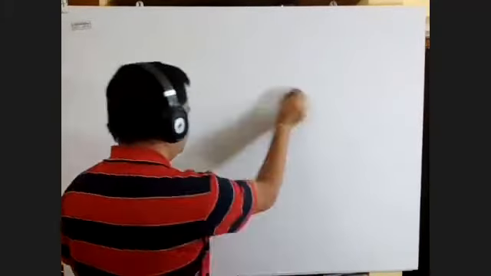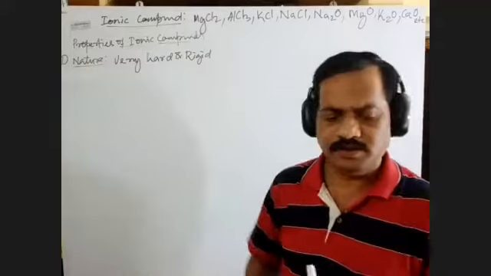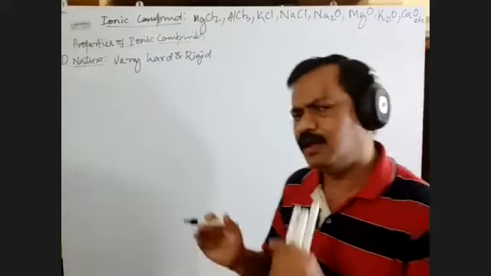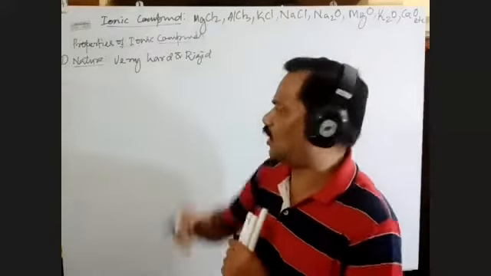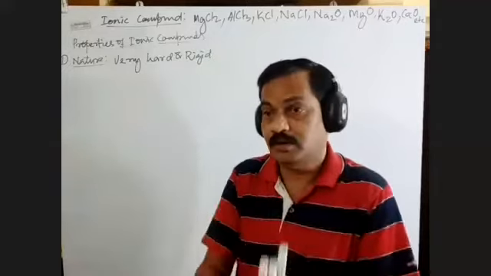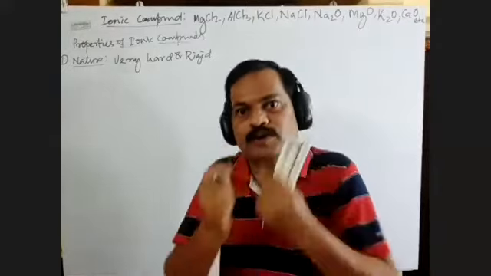Most of the ionic compounds are found in a solid state. Generally they are very hard and rigid. Rigid means that for some ionic compounds, their shape and size cannot be changed in a normal way. That is called its rigidity property. So why are they very hard? Because a strong force of attraction is holding them together.